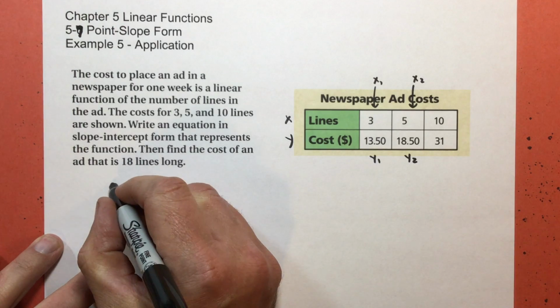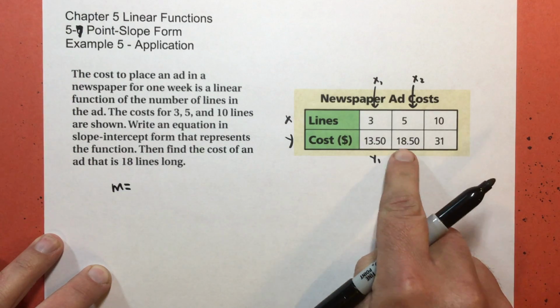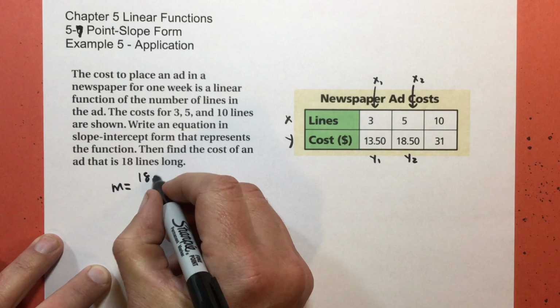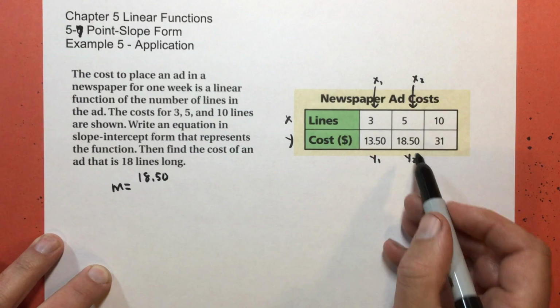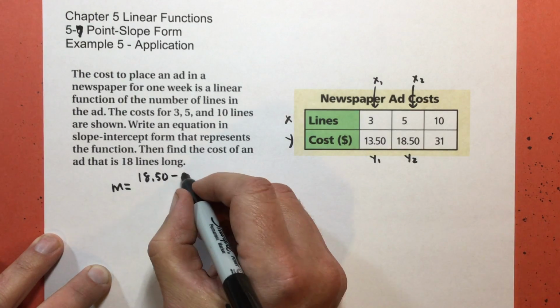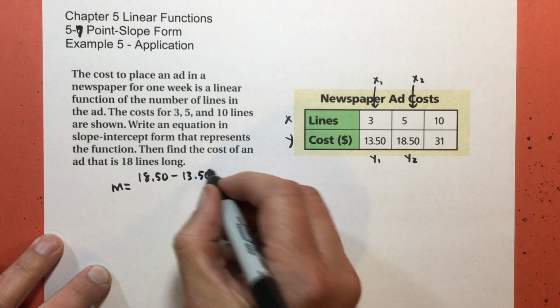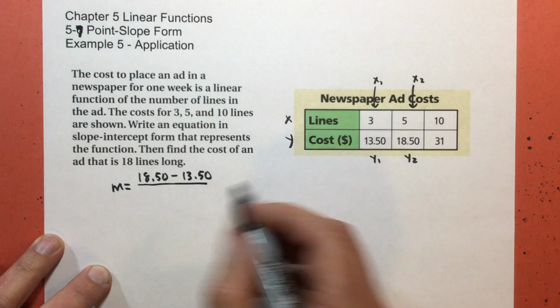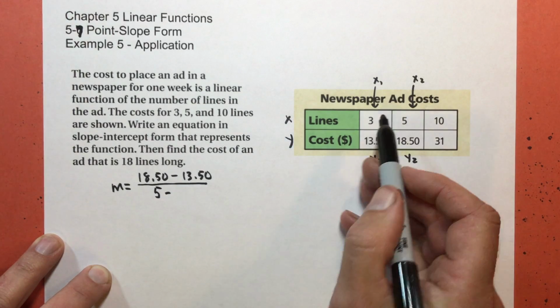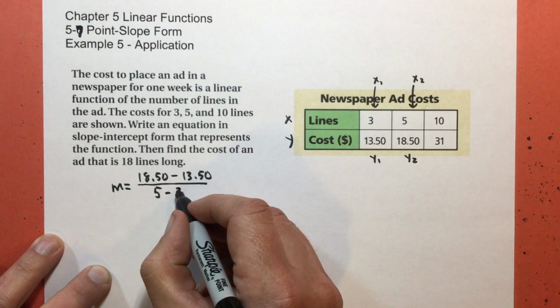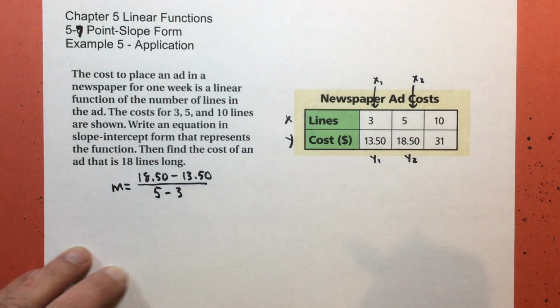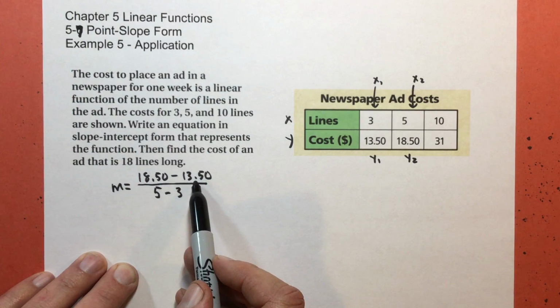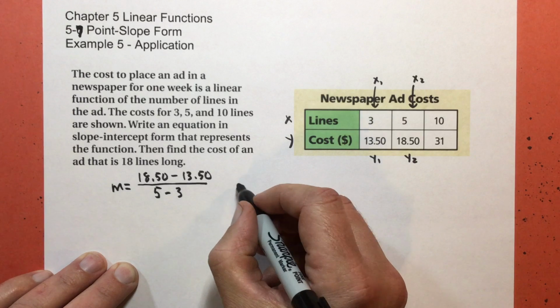So what's my slope? My slope is going to be y2, $18.50, subtract y1, $13.50, divided by x2, which is 5, subtract my first x, which is 3. All right, 1850 subtract 1350 is 5.